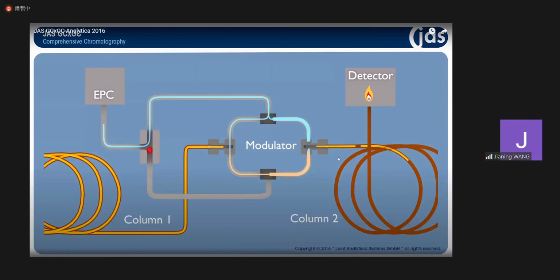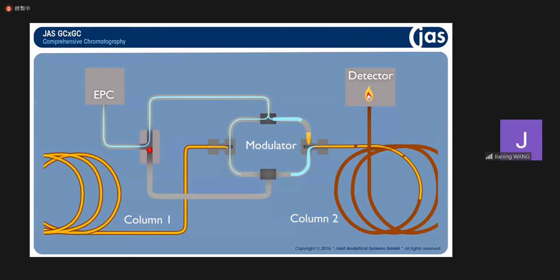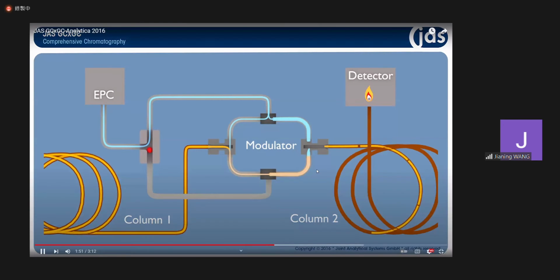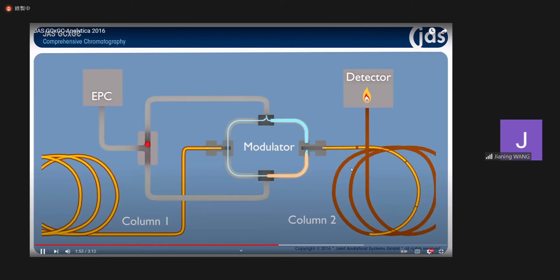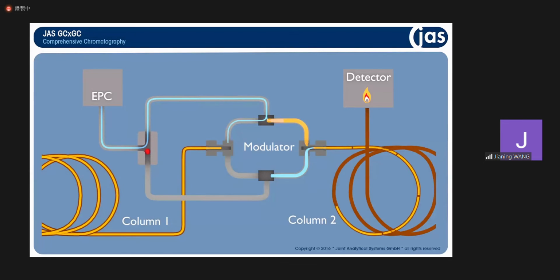So the injection volume to column 2 is larger than column 1, and this increases the complexity.